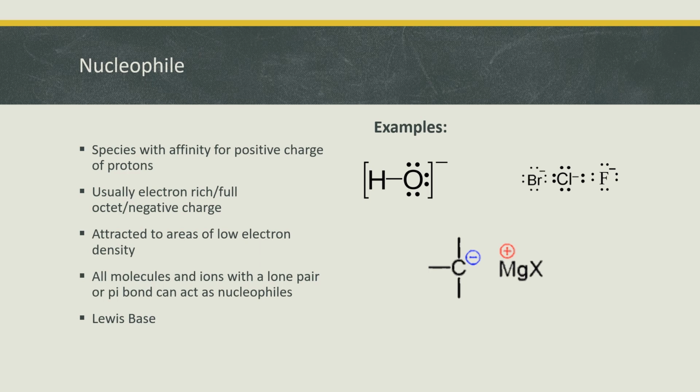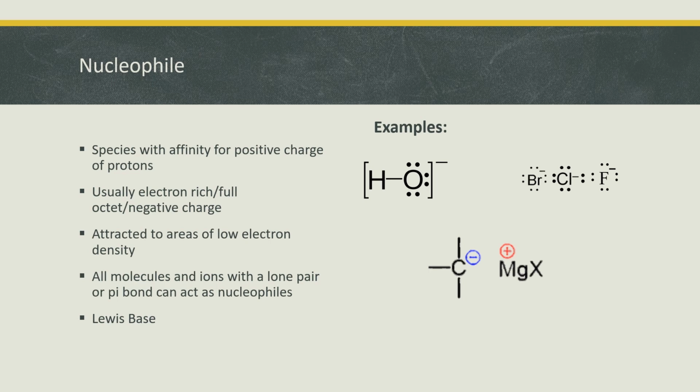Nucleophiles are attracted to areas of low electron density, and really all molecules and ions with an available lone pair or a pi bond have the ability to act as nucleophiles because they have some level of excess electron density, but their actual likelihood of acting as a nucleophile changes based on their reactivity. And nucleophiles act as Lewis bases because they tend to donate their lone pairs in reactions.